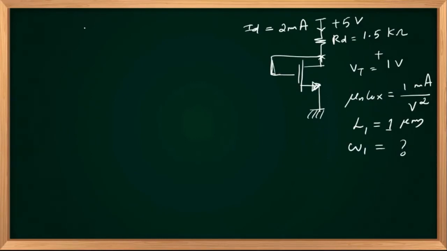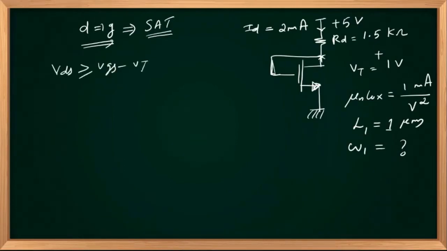In any transistor, if drain and gate terminals are shorted together, without any doubt, you can simply say that the transistor is operating in saturation, because VD is always greater than VG minus VT, with VG equal to VD. So this is in saturation.